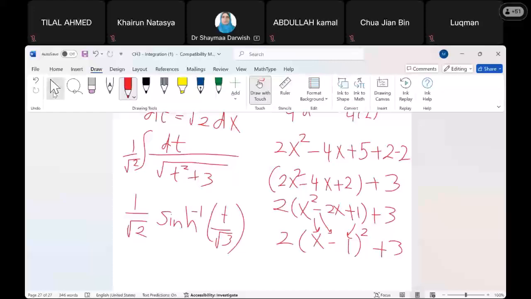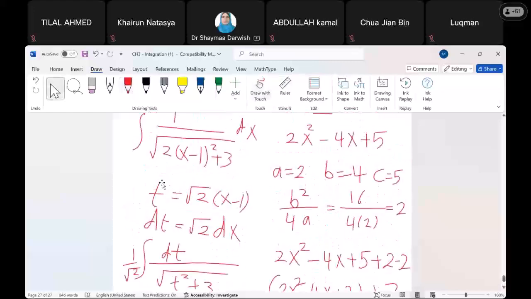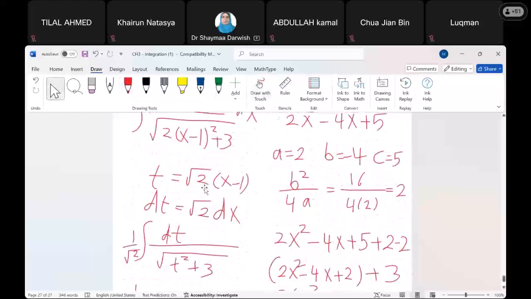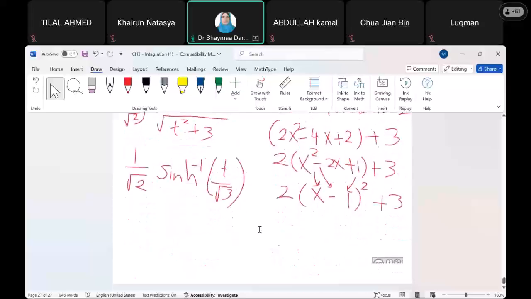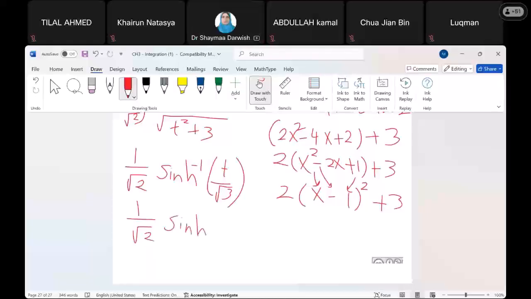Now you need to write back in terms of x. t is square root of 2 times x minus 1. So this is 1 over square root of 2 sinh inverse of square root of 2 times x minus 1, over square root of 3.